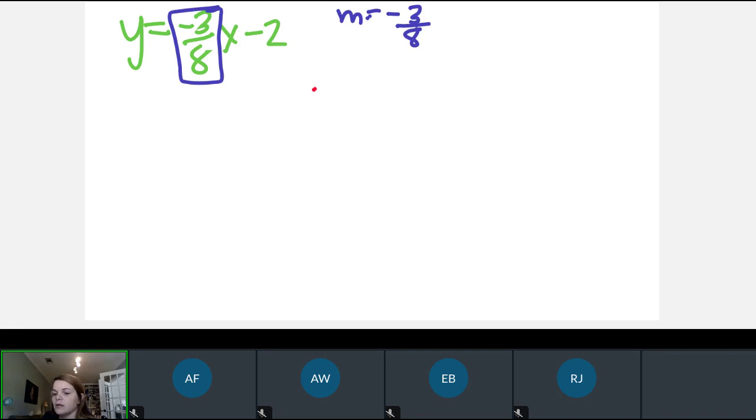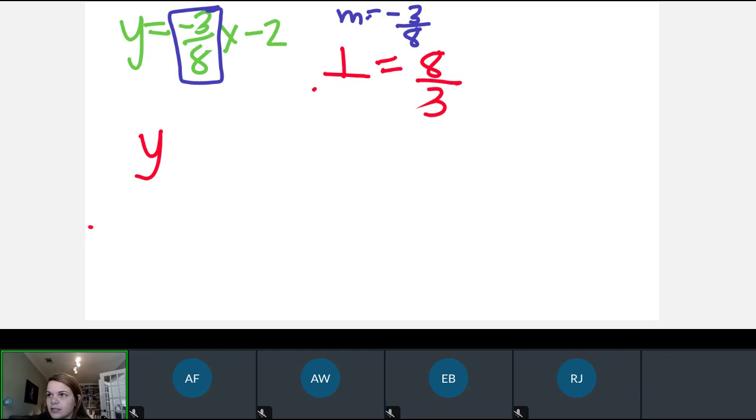If I want a perpendicular slope, and this little sign means perpendicular, the perpendicular slope means I'm doing the opposite reciprocal. Opposite means if it was negative, now it's going to be positive. If it was positive, it becomes negative. So you're close. It should be positive 8/3. You did a good job flipping it. Just don't forget about that opposite portion.